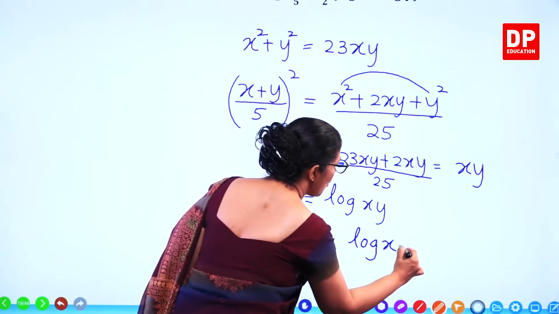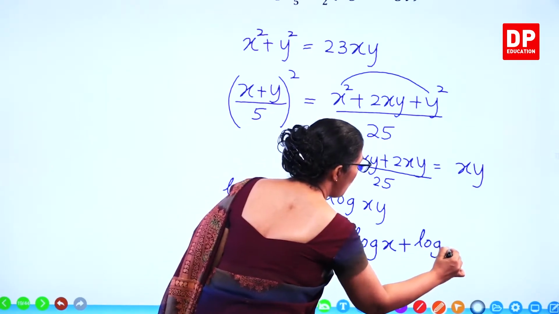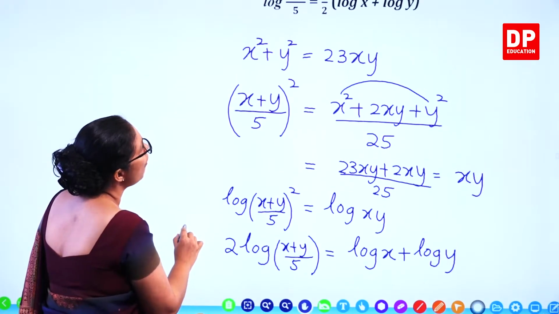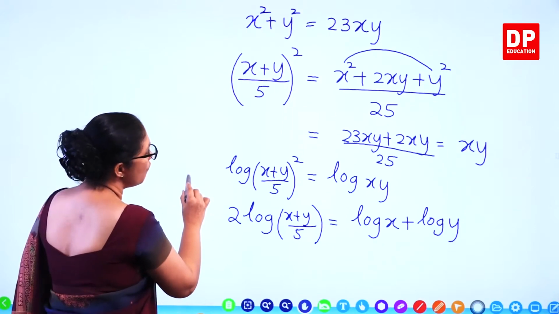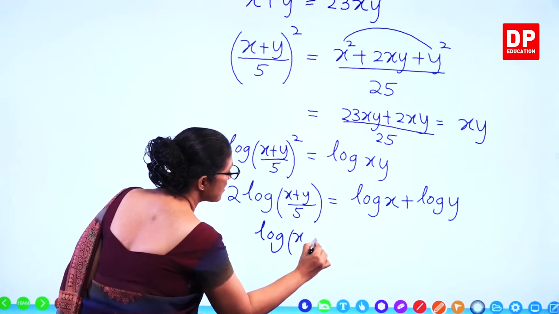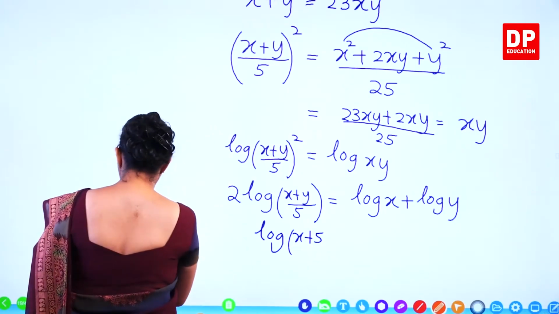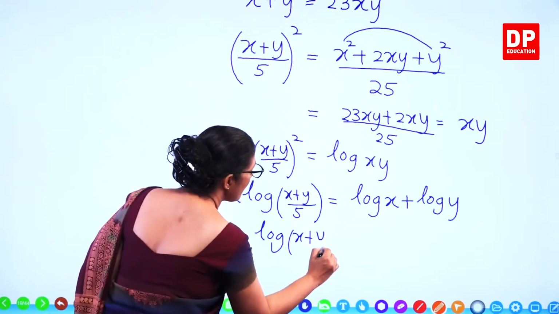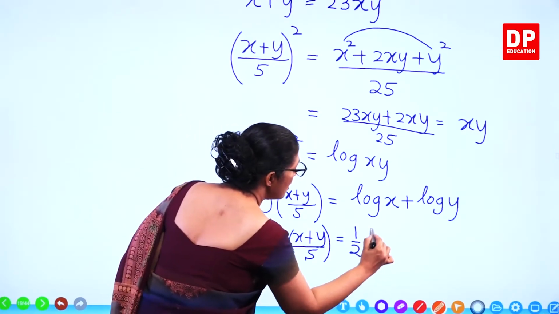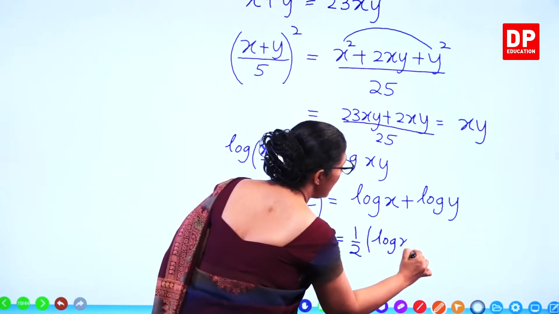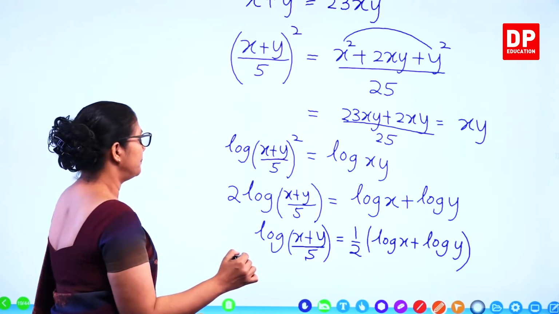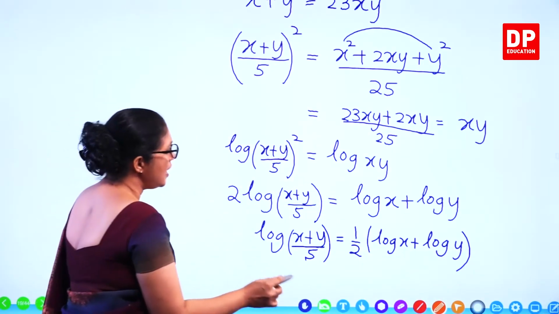Addition of logarithms, log x plus log y. Now, when you divide by 2, log of (x plus y) over 5 is half of that. So, log of (x plus y) over 5 is equal to half of (log x plus log y). So that's what we need.